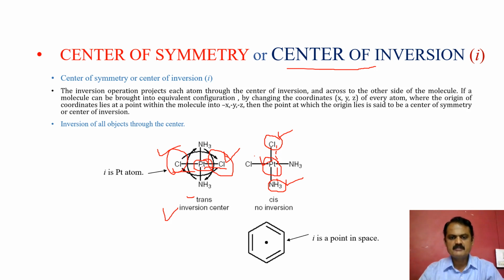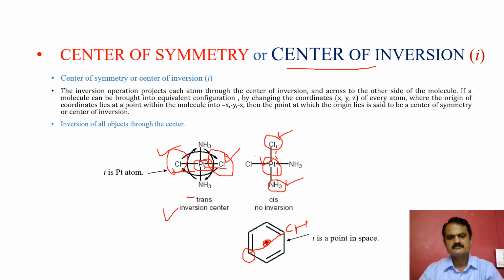Or consider benzene. Here our imaginary center is present at the center of the molecule. When you draw an imaginary line in one direction, we get a CH, and in the other direction, when we draw the subsequent line, we get a CH atom.